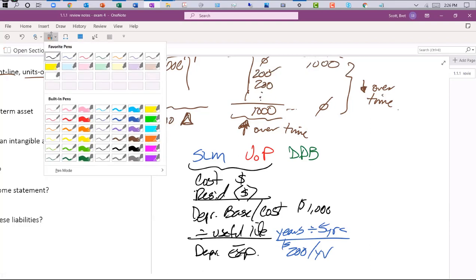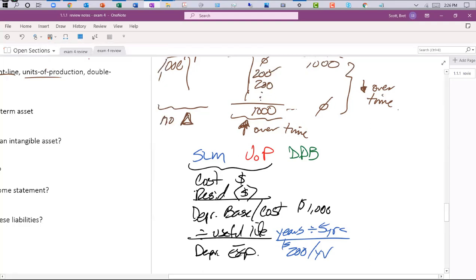But under the units of production, it looks almost exactly the same. Instead of dividing by years, the useful life is going to be based in some type of units like mileage. In the class, we used an example of mileage. If we think that the car is going to drive 100,000 miles and then we'll sell it, then we'll just divide by 100,000 miles.